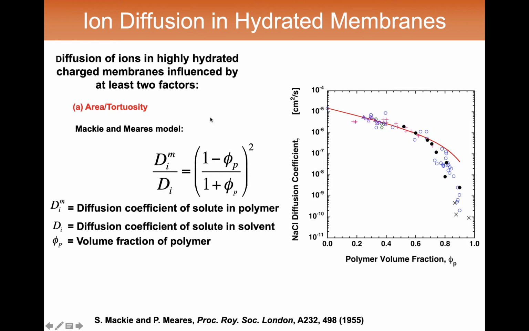So Mackie and Meares imagined that in highly charged membranes, the ions were basically swimming through the water dissolved in the membranes, and that the polymer chain segments were acting as essentially obstacles that the ions had to diffuse around.